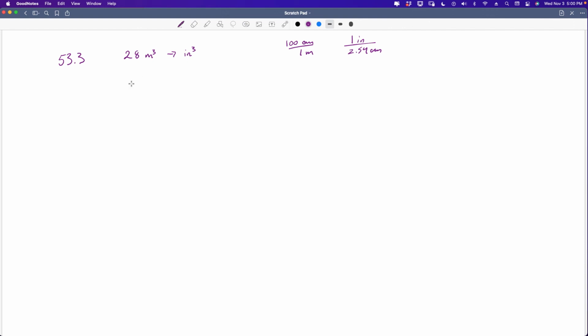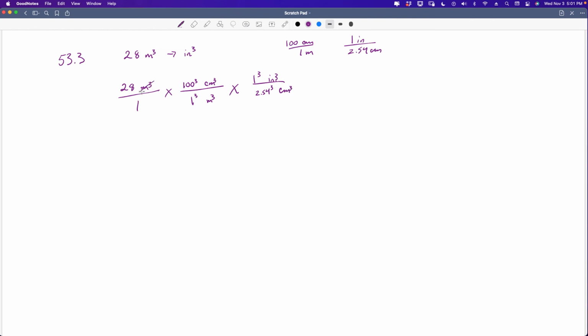All right, so let's do this. I'm going to do it the fast way, okay? 28 meters cubed over 1 times, let's get rid of the meters, so 100 cubed centimeters cubed over 1 cubed meter cubed times 1 cubed inch cubed over 2.54 cubed centimeters cubed.